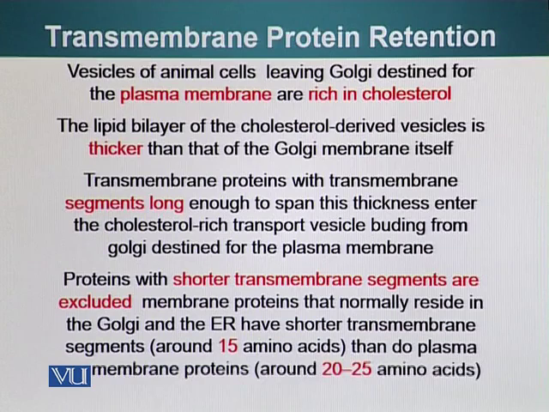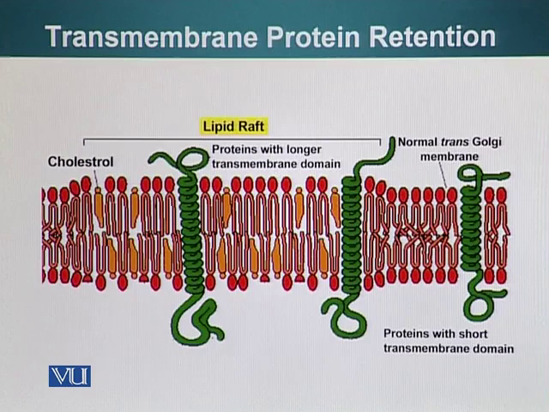Generally, ER-resident transmembrane proteins have short transmembrane segments of around 15 amino acids. However, the proteins which have around 20 to 25 amino acids are preferentially embedded in the regions of the Golgi membrane which are rich in cholesterol.